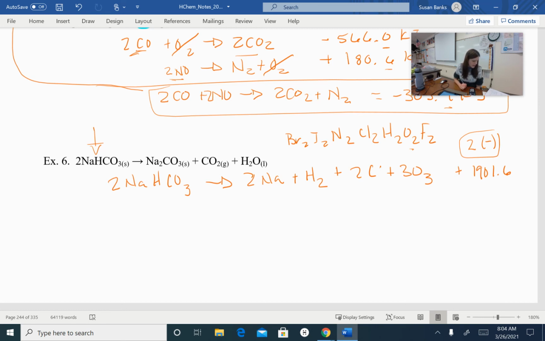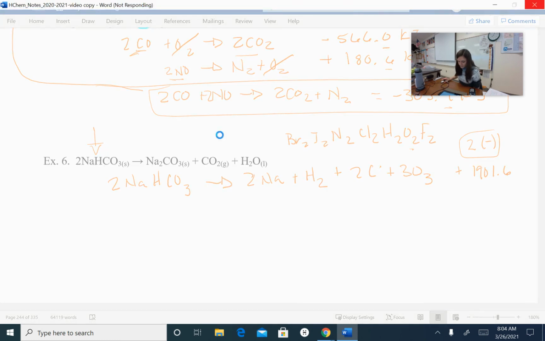Okay, so let's think about that really quick. Did I get the right one? Oh, nope, I didn't. I grabbed the sodium carbonate, not the sodium bicarbonate. So let's get that right value really quick. If I look at the sodium bicarbonate, no, that is sodium bicarbonate. Okay, no, I got the right value.